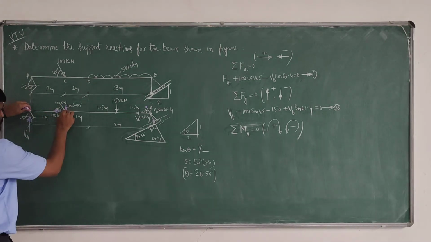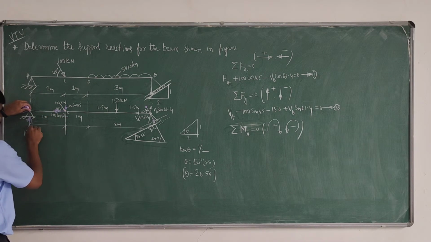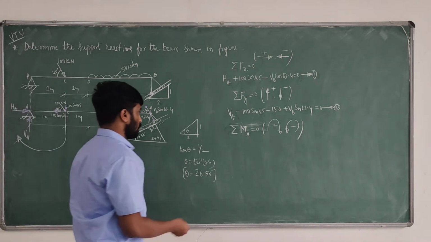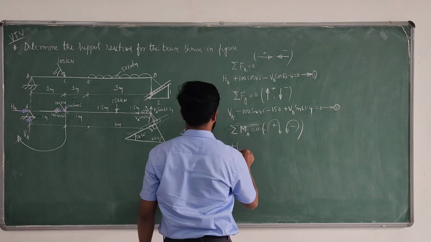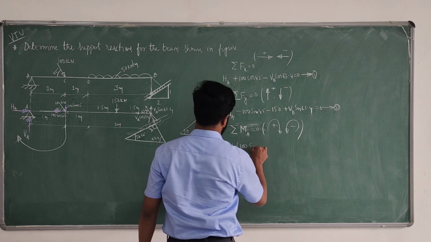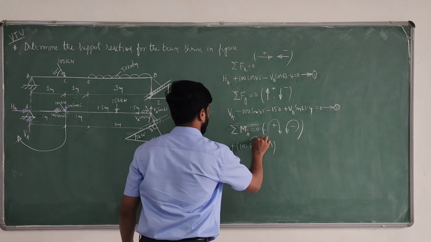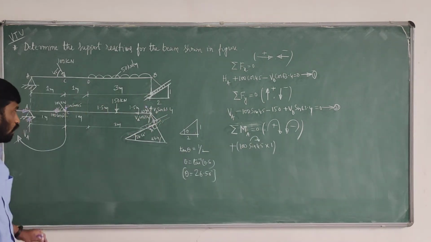But this 100 sin 45 acts at this 1 meter distance. It takes a turn towards A clockwise. Therefore, plus 100 sin 45 into 1. The effect is clockwise.